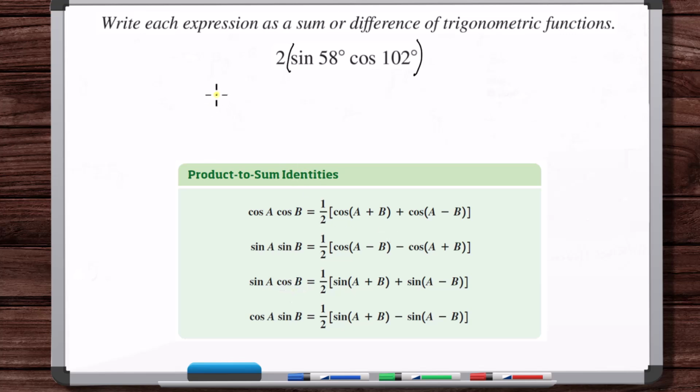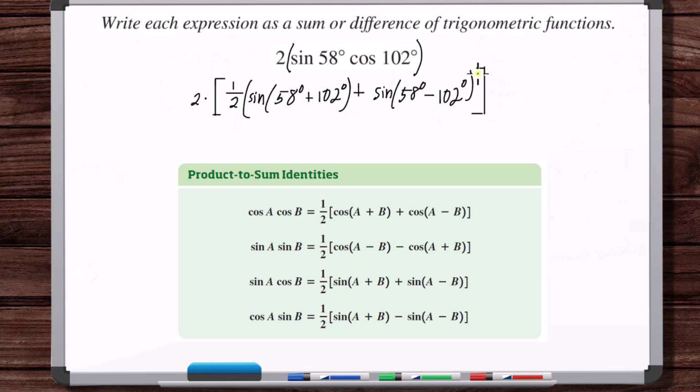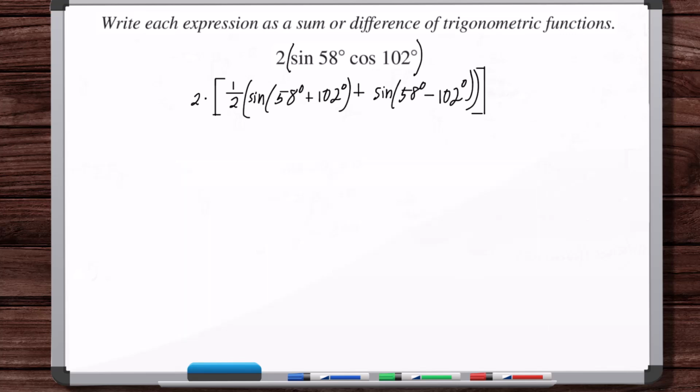So this is 2 times 1/2 times sine of (58 degrees plus 102 degrees) plus sine of (58 degrees minus 102 degrees). Is that right? Yeah. Okay.